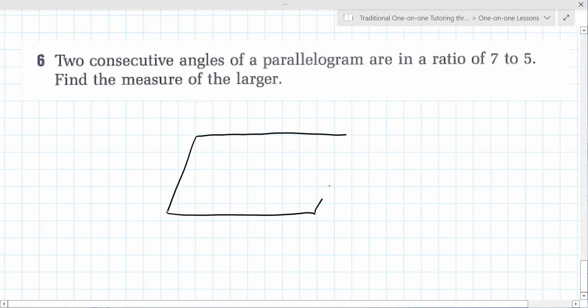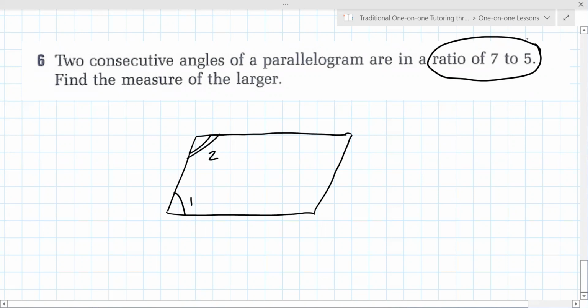We'll do a little review on parallelograms and quadrilaterals. Two consecutive angles means angle 1 and angle 2. The point is they're not opposite. They're in that ratio of 7 to 5.